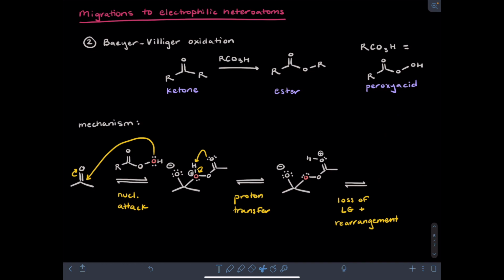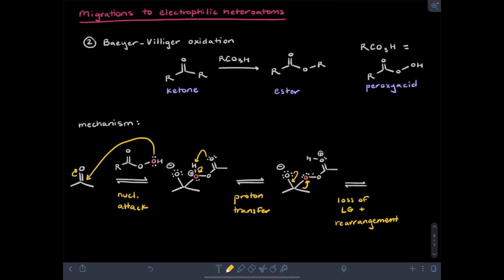And from this intermediate, a loss of leaving group is going to occur at the same time as a rearrangement and pi bond reformation. So this is going to have 4 curved arrows. I'm going to take down a lone pair from the anionic oxygen to reform the pi bond. I'm going to migrate one of the carbon groups to the electrophilic oxygen, that's red.